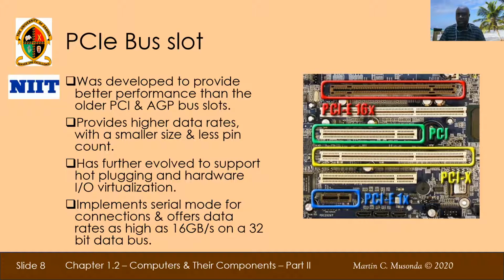PCIe uses serial data transmission, but it can offer data speeds as high as 16 gigabits per second on a 32-bit data bus. The buses can either be 32-bit or 64-bit, and in some cases they could be 16-bit. That's the size of the bus.